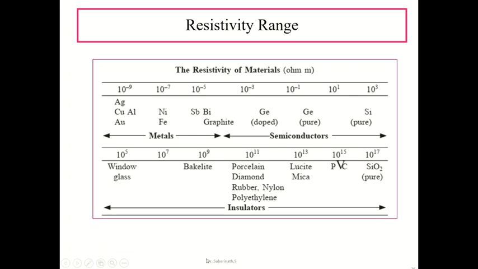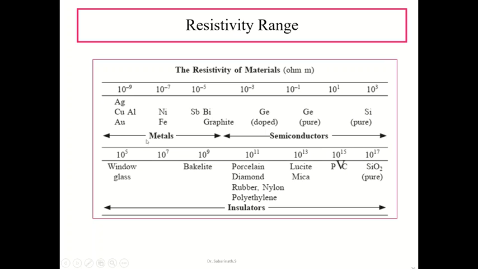In the table in this figure, you can see the electrical resistivity at room temperature for different materials which are important from the engineering point of view, under three broad categories: metals from 10 to the power minus 9 to 10 to the power minus 5, semiconductors from 10 to the minus 10 to 10 to the minus 3 to 10 to the 3, and insulators from 10 to the 5 to 10 to the 7.